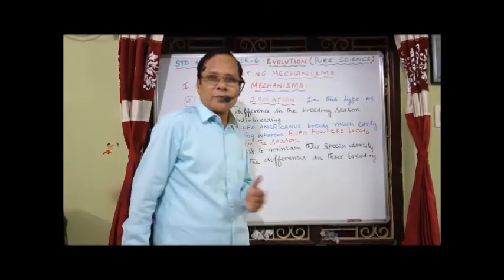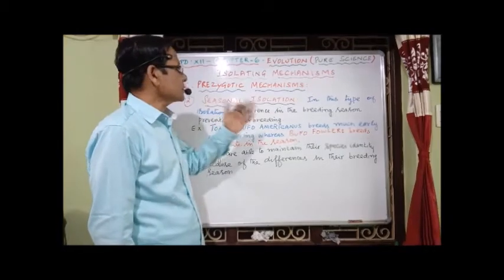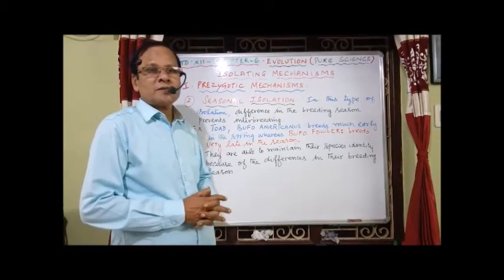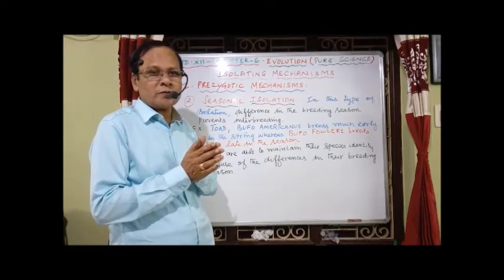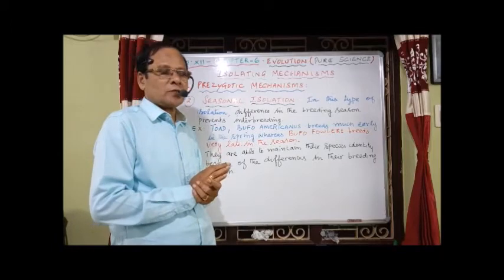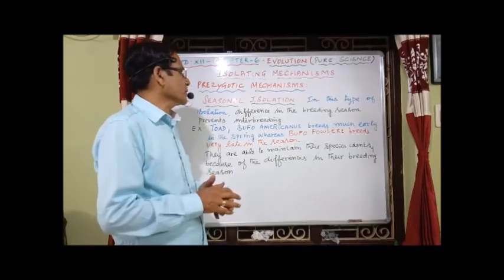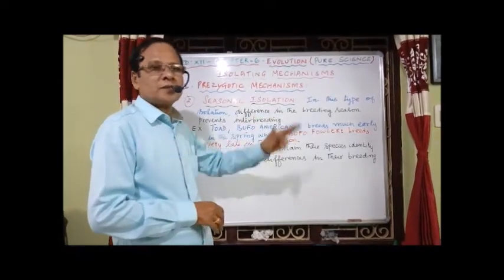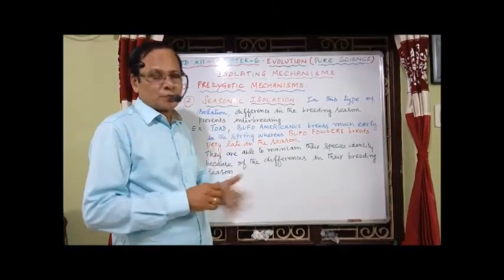Now the second type of prezygotic isolating mechanism, seasonal isolation. Normally the breeding season is different in different animals, which prevents interbreeding. That's why the species identities are maintained. In this type of isolation, differences in the breeding season prevent interbreeding between two different species.